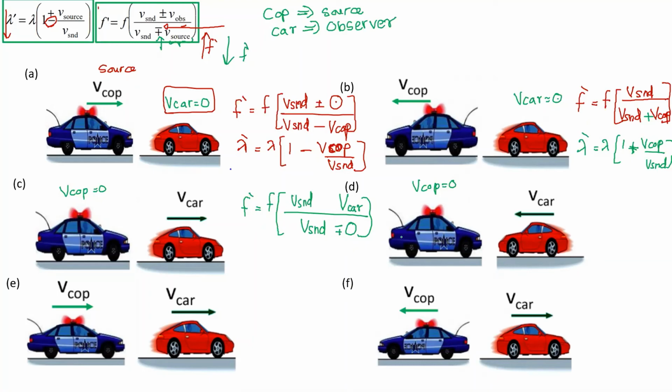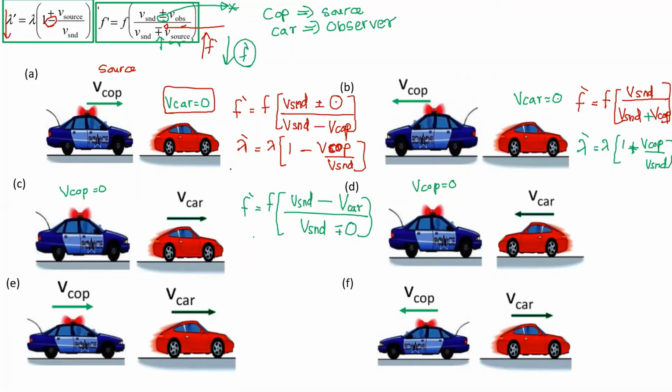It is negative. Why is it negative? Because the car is going away from the source, right? So frequency should decrease. We are looking at the observer. To decrease, we have to select the lower sign, bottom sign. See, negative.